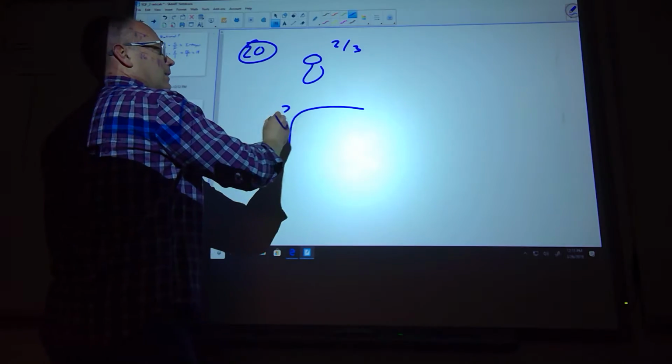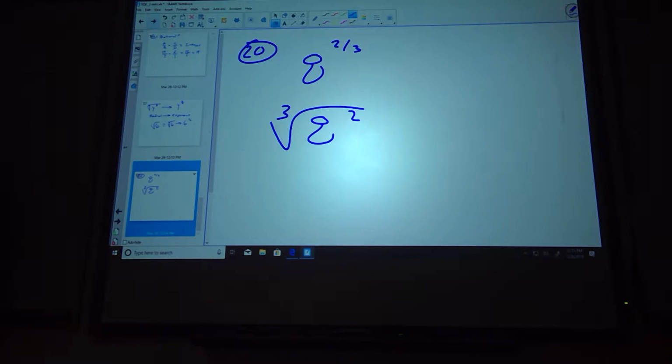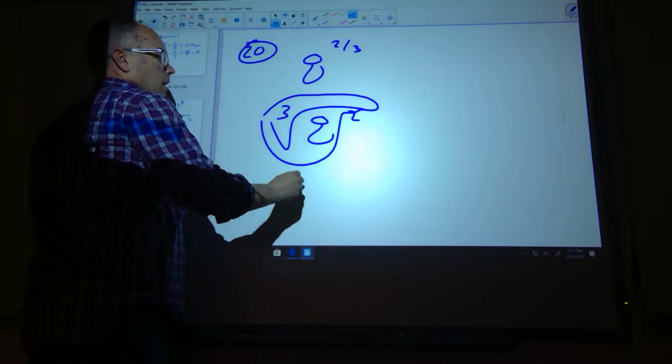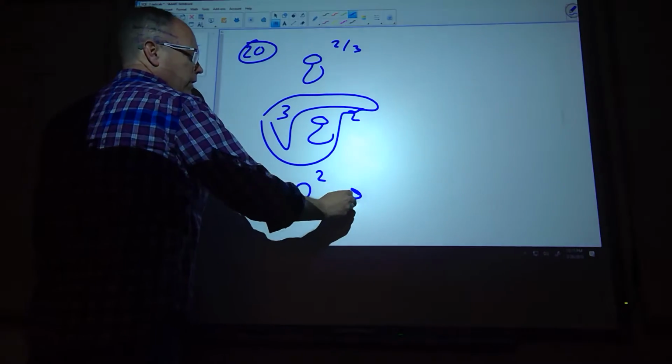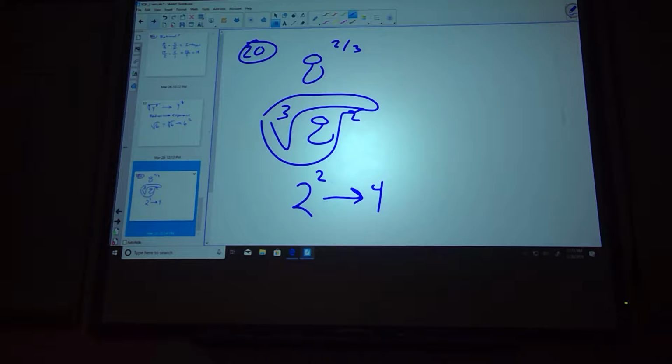We'd have to realize that this is the same thing as this. What's the third root of 8? 2. So I get 2, and then I square that, so I get 4. Or I could have done 8 squared to get 64, and then the third root of 64 is 4 as well. It's 4 times 4 times 4.